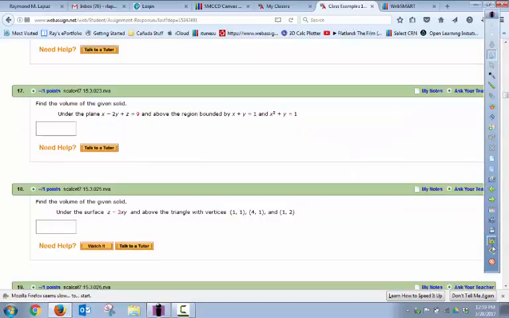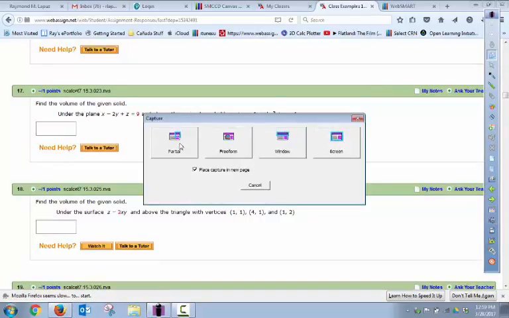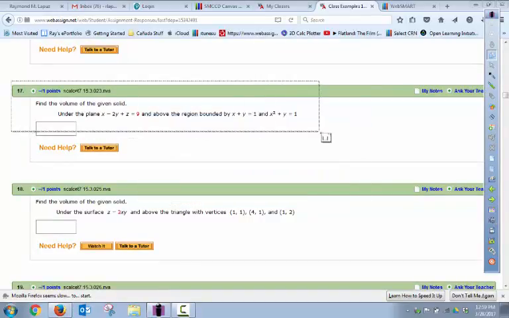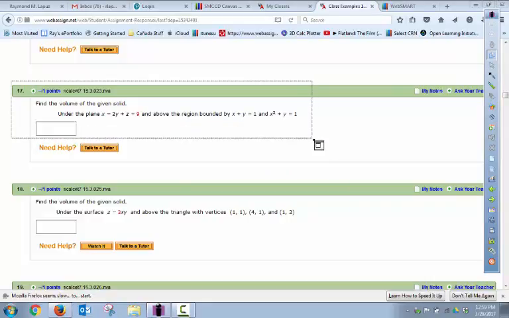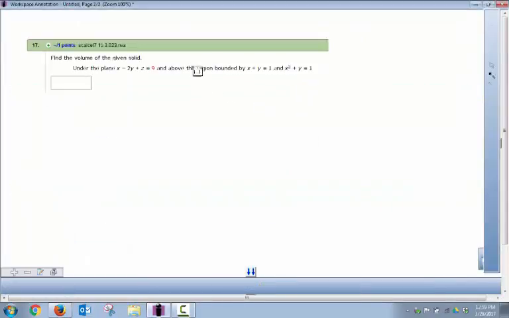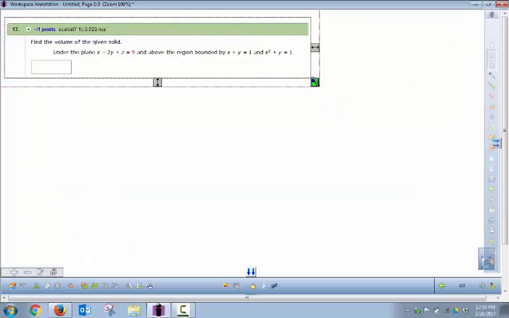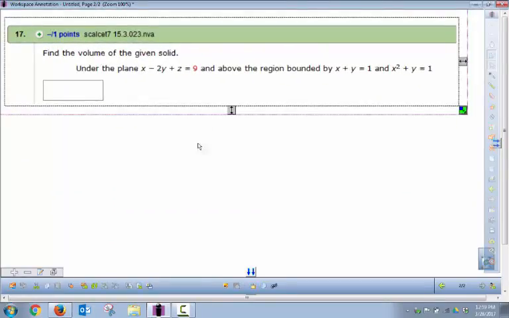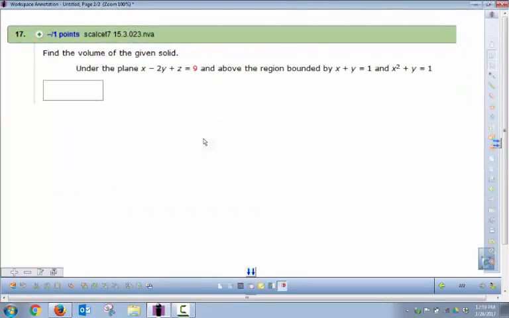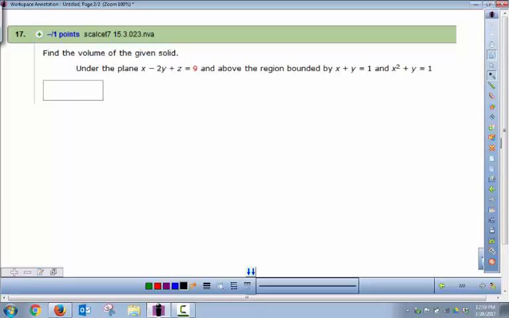Let's try number 17. Under a plane and above the region bounded by something that's described in x and y. What you should think about when you're reading this is, first of all, don't panic.